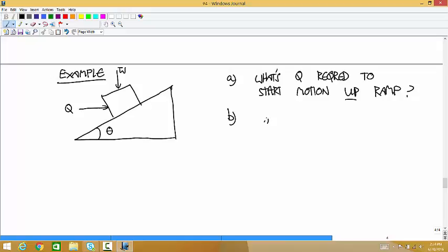And B, what's the Q required to start motion down the ramp?